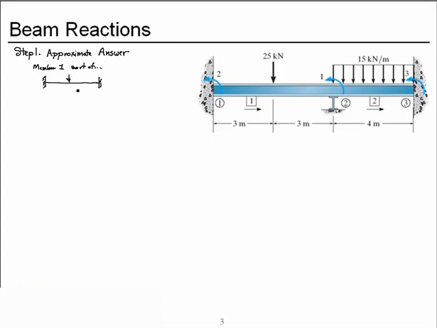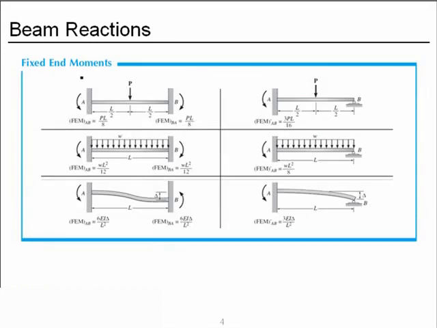In this situation, we can find the moment reaction at the end, M2, from a formula inside the back cover of our text. And it's given by PL over 8.